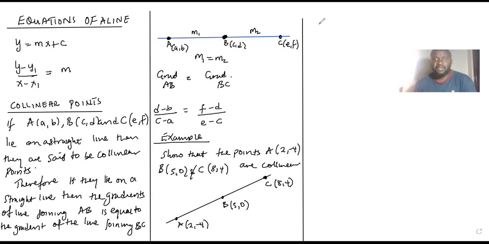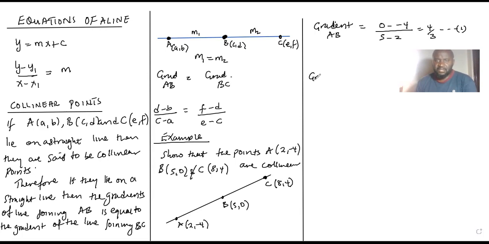So the gradient of AB is equal to the change in y, which is 0 minus negative 4, divided by the change in x, which is 5 minus 2. And this is 4 over 3.